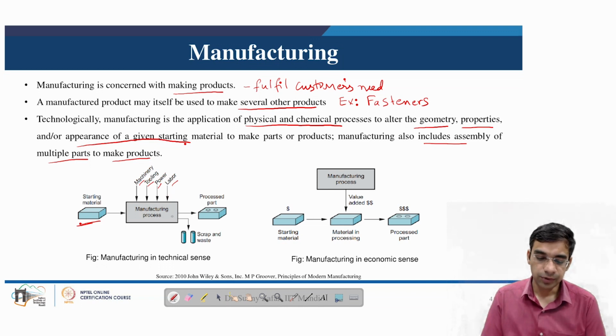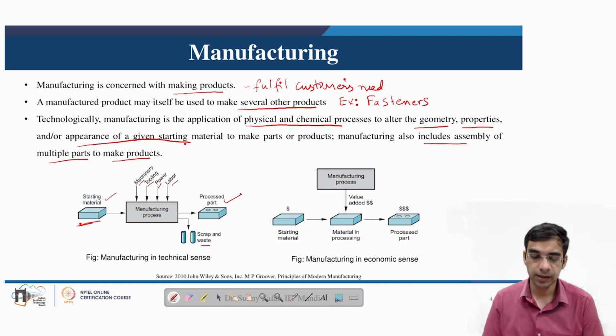By giving these inputs to the manufacturing process, we convert the starting material into a processed part. Many manufacturing processes also generate scrap or waste. For example, in machining, chips of the material are produced.